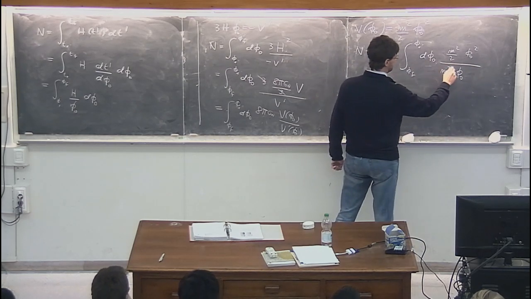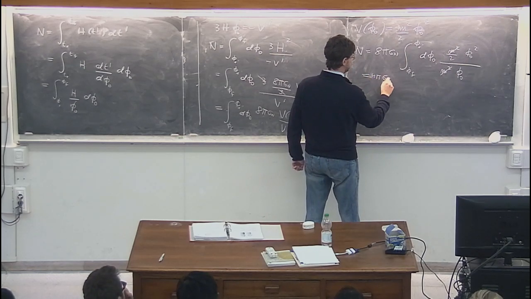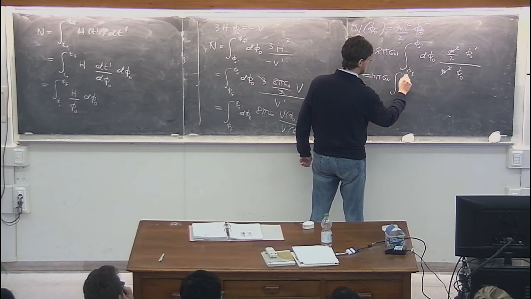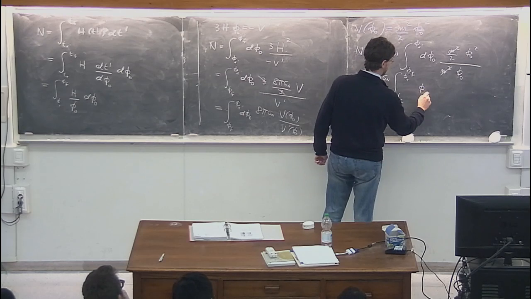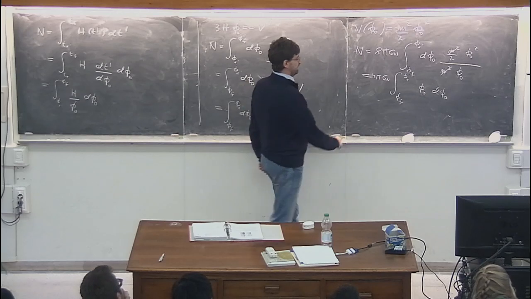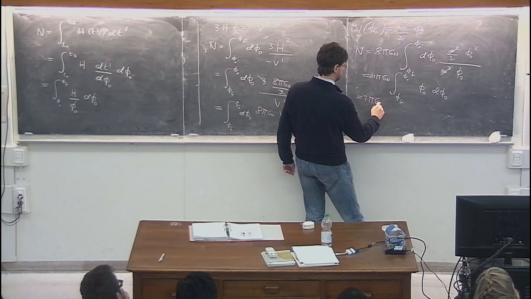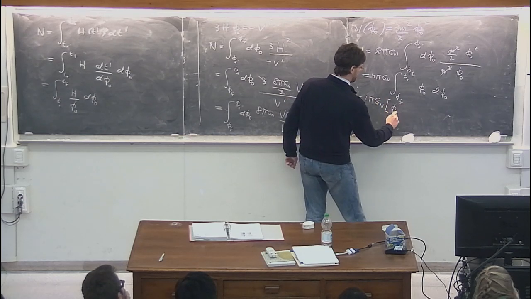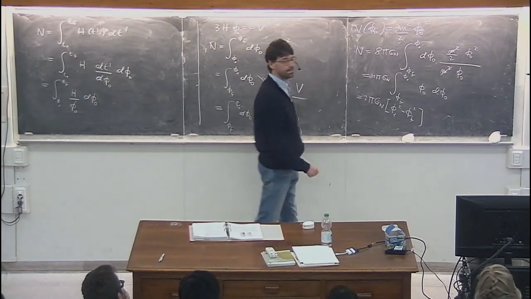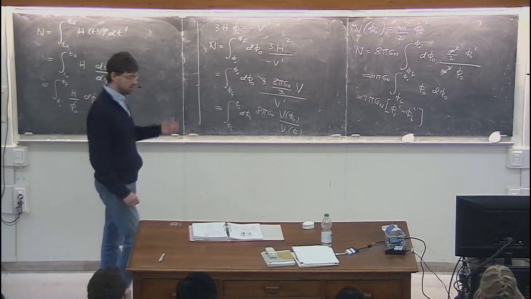Okay, so the m squared goes away, and here you have 4 pi G Newton, because the 8 goes away with a factor of 2, integral between phi final and phi initial of phi 0 in d phi 0. Okay? So here I get 1/2. So I get 2 pi G Newton, phi initial squared minus phi final squared. Okay? Very simple expression.